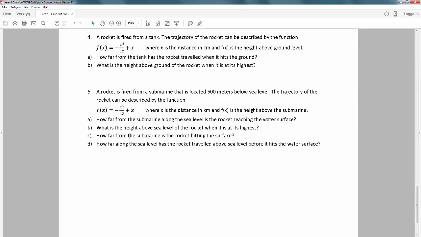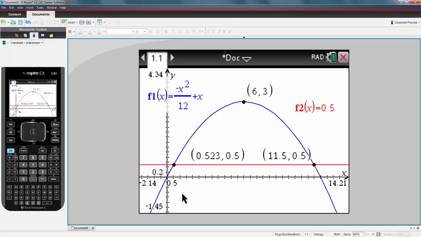So D, how far along the sea level has the rocket traveled above sea level before it hits the water surface? Okay, so this means that it's reaching the water surface here, and then it travels above sea level and then hits here. So what's basically the distance between this point and this point? And we see that over here the x value is 11.5, and here it was 0.523.